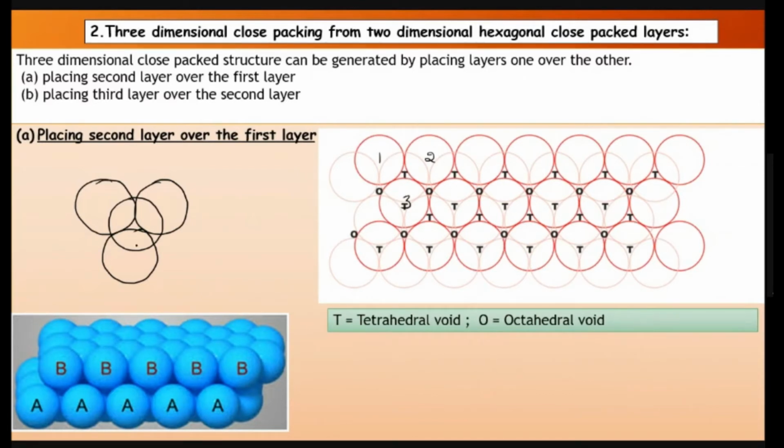Now, if I join the centers of all these atoms, I am going to get a tetrahedral shape.